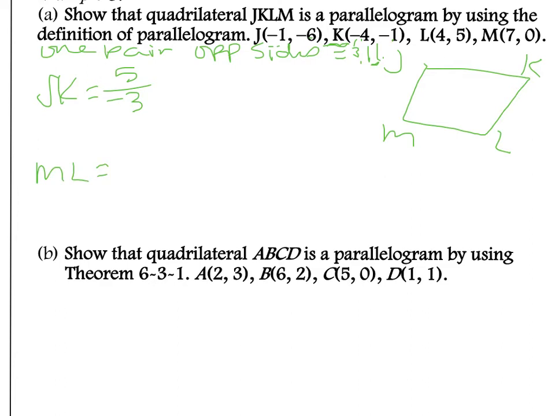So from L to M, I went from 5 to 0, so I went down 5. And I went from 4 to 7, so I went over 3. So both of these have the same slope. Therefore, that pair of opposite sides is parallel. Same slope means that they're parallel.